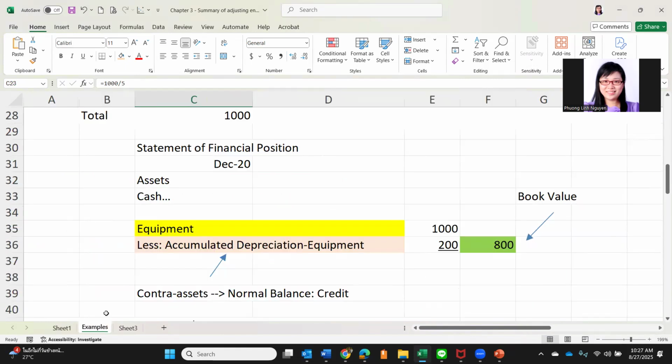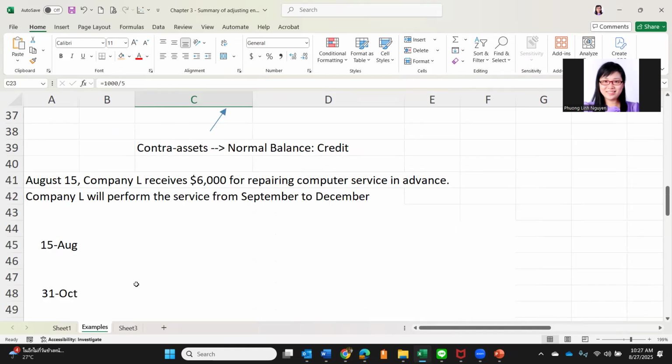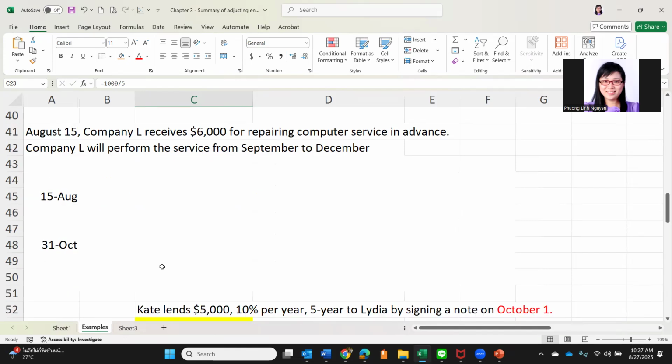So let's look at the example here. Let's say that on August 15, Company L received 6,000 for repairing computer service in advance, and Company L will perform the service from September to December. So on August 15, Company L got the money, but they haven't done any repairing service yet.